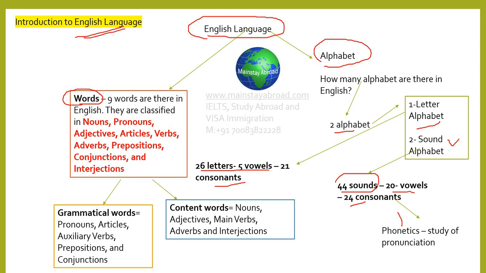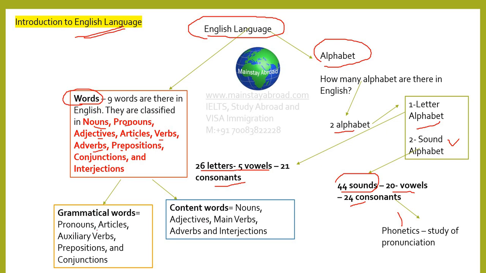Now in the section of words, there are 9 classified words known as the parts of speech in English grammar. They are noun, pronoun, adjective, article, verb, adverb, preposition, conjunction and interjection. They are divided into two sections: one is grammatical words and the other is content words.